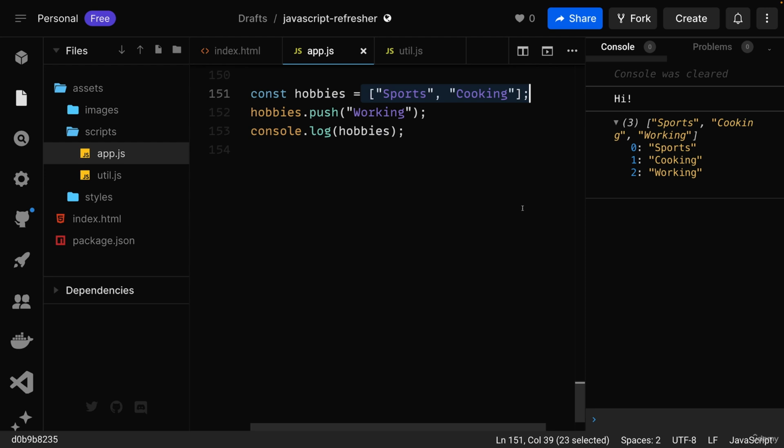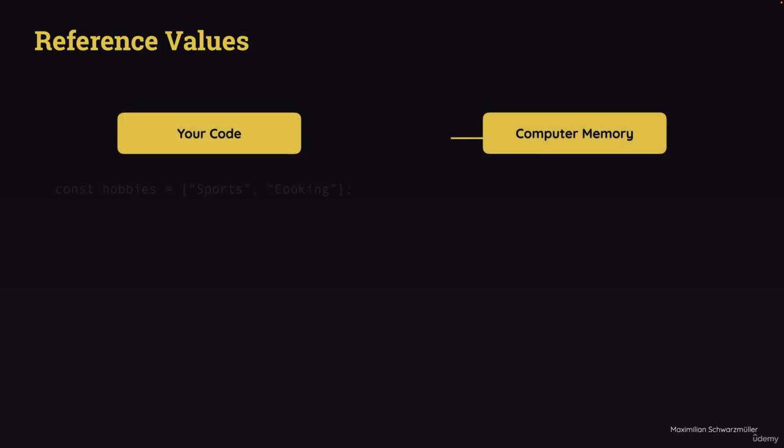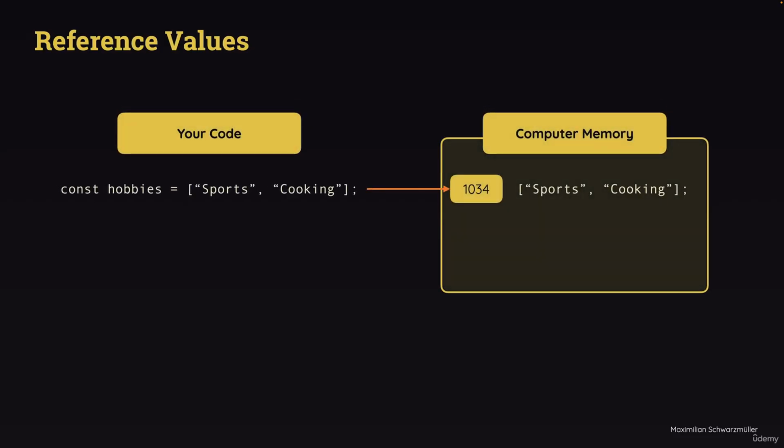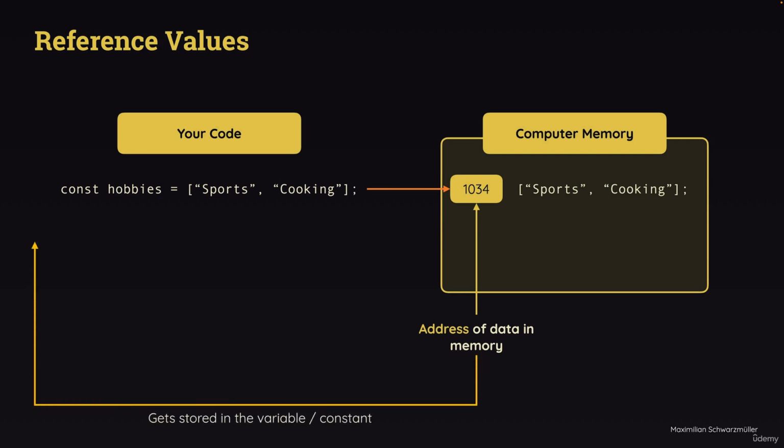Which in the end, to simplify it a bit, simply means that in a variable you don't store the value, but instead the address of that value in memory. So that array is stored somewhere in memory, so in the memory of your computer, and it's the address of that place in memory that's stored in this constant.